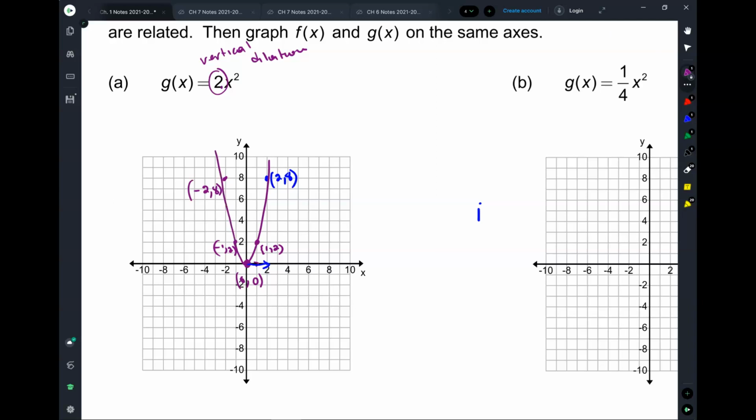Do we have to mark 0, 0? So you need 5 points. That'll get you the 5th point. Yeah, you need to write down coordinates for 5 points. So with a vertical dilation, like let's say 4x squared, you can't really fit 7 points on the graph, or 6, because it goes to 5.